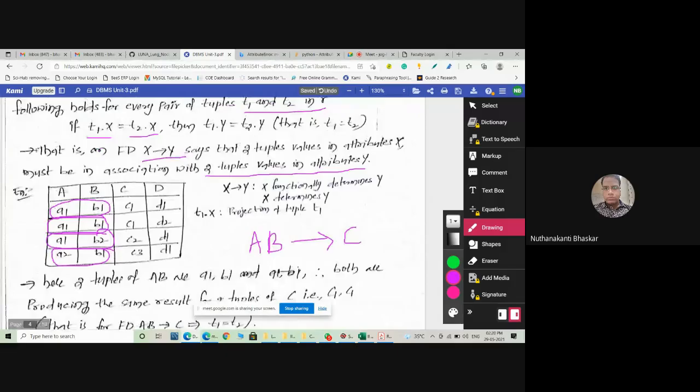For example, if A is a primary key, the remaining attributes all depend on the primary key. So we can write A determines B, A determines C, A determines D. Like that we can write it. It is possible because you know the primary key.